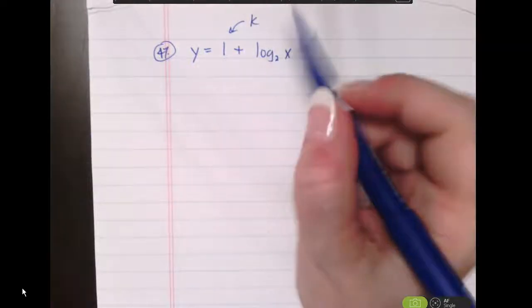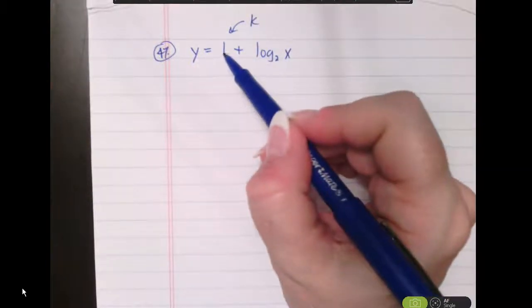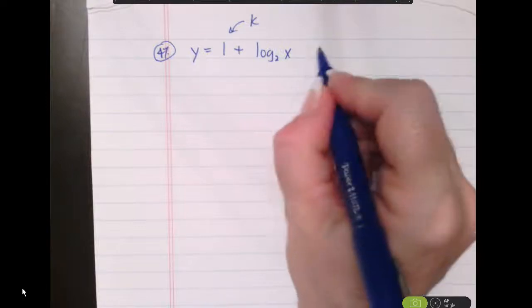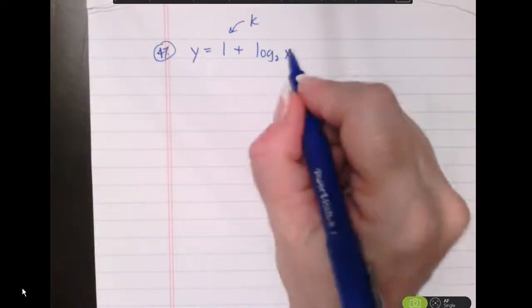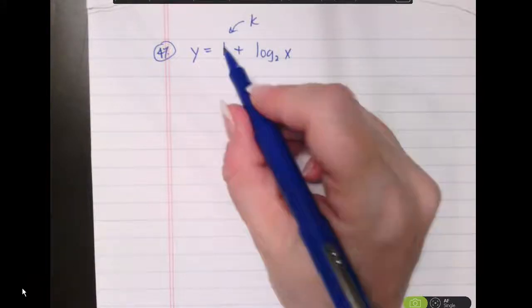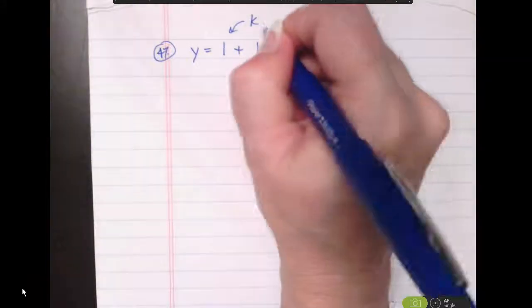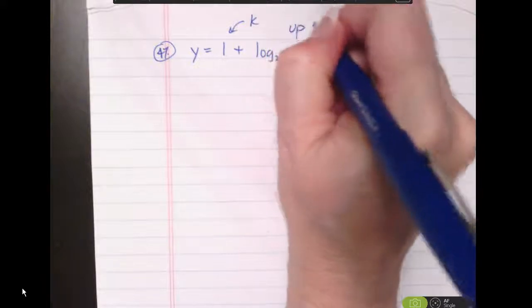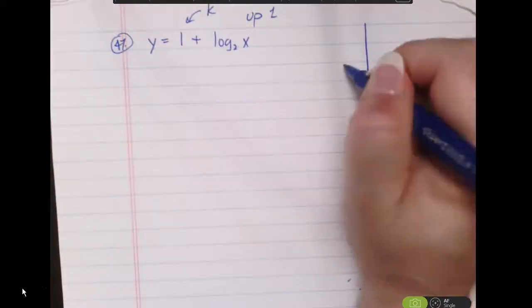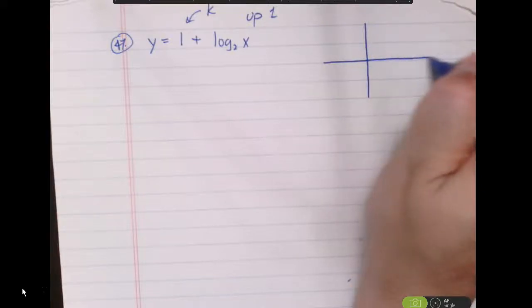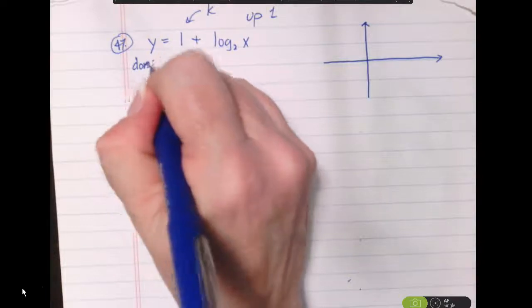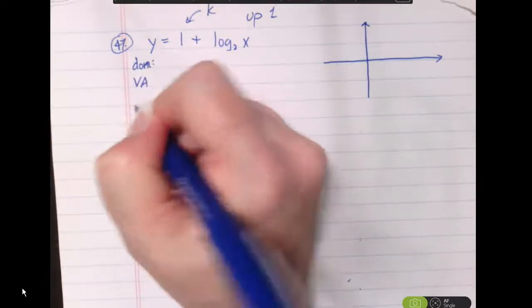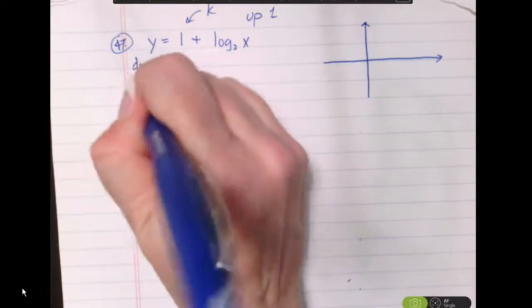In logarithmic problems, a lot of times they'll put k out in the front, and that way you're not sticking that +1 in with the logarithm, you're actually keeping it separate. So this is going to be up 1. I actually prefer to do the graph before I tell the domain and the vertical asymptote and the x-intercept.